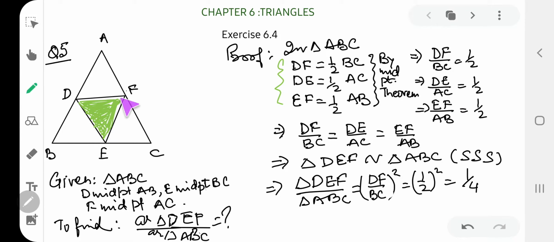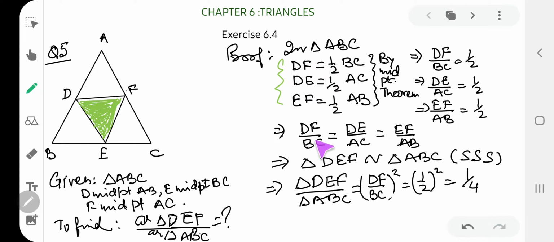So the sides of the small triangle are in numerator. BC, AC and AB are in denominator. So sides of the bigger triangle are in denominator. And the ratio of their sides are all equal to half.